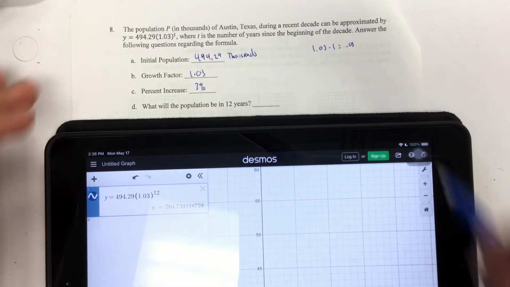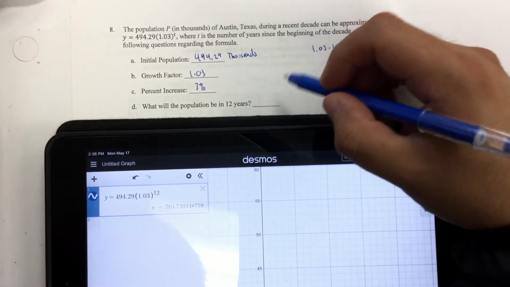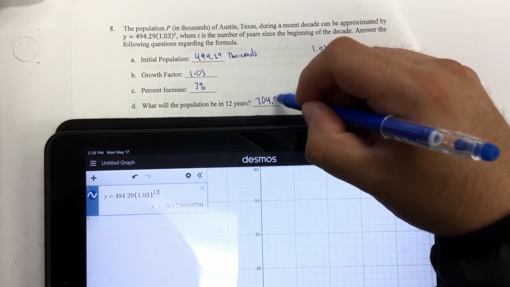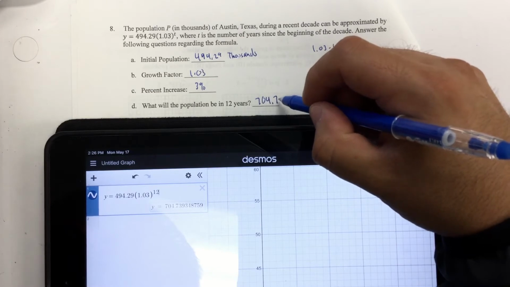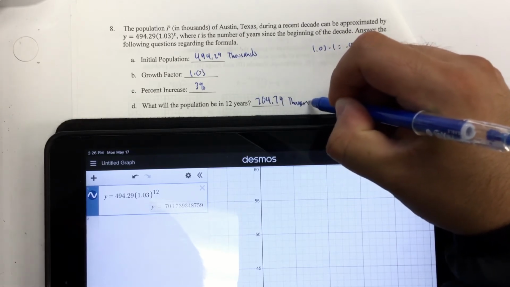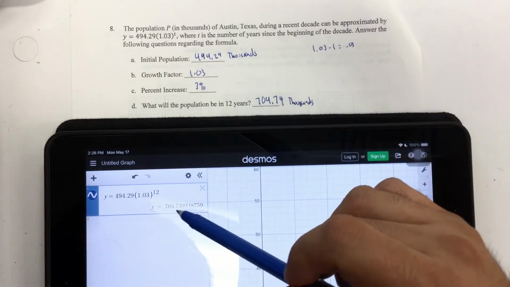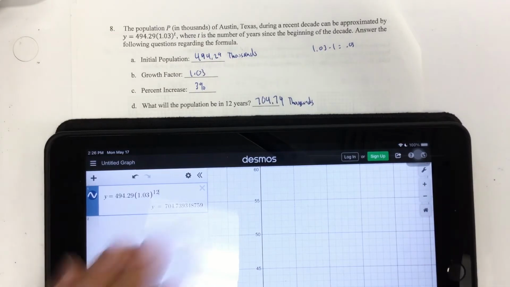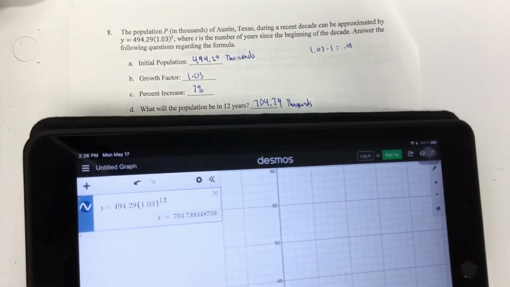And we can see 704.739, so what will the population be? 704.739 thousand. So really it'd be like 704,739 people. But I'm going to round it the way they did on the paper so there's no confusion.